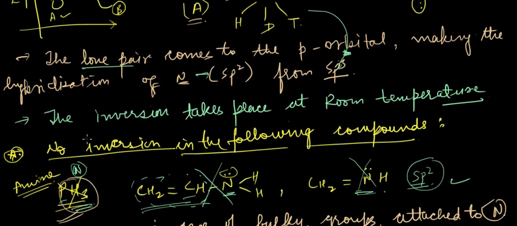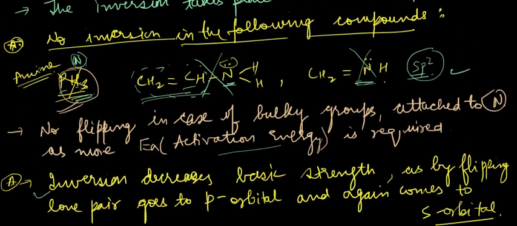Now I will take some examples in which no inversion will take place, and tell you why. In the first case no nitrogen is there. As the name suggests, the first condition for amine inversion to happen is that the compound must have a nitrogen atom in it.